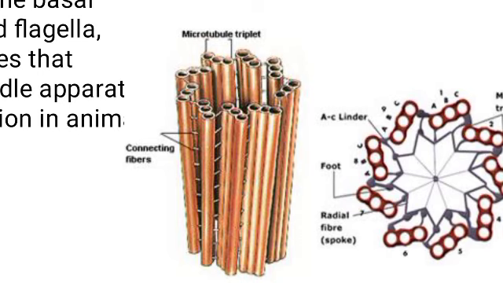This hub is connected with the tubules of the peripheral triplets by radial spokes, which are also made up of protein. The centrioles form the basal body of cilia and flagella, and the spindle fibers that give rise to the spindle apparatus, which is formed during the cell division, especially in animal cells.